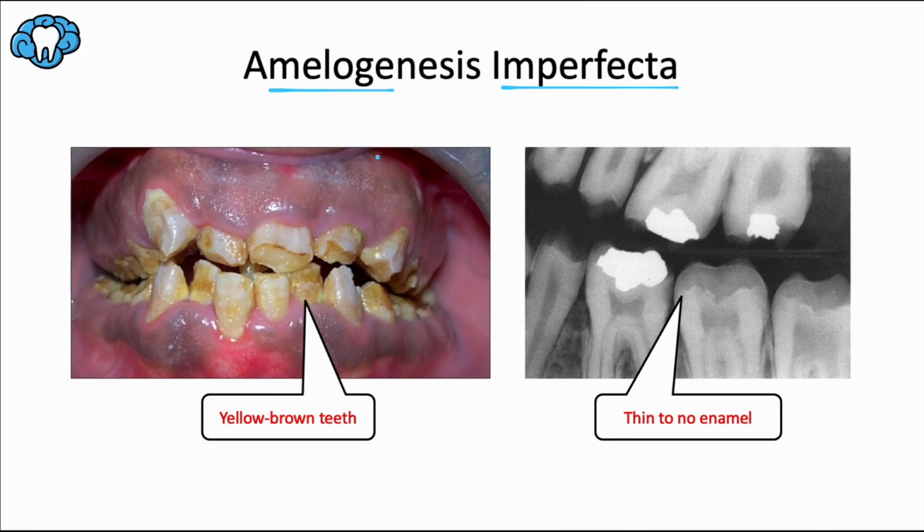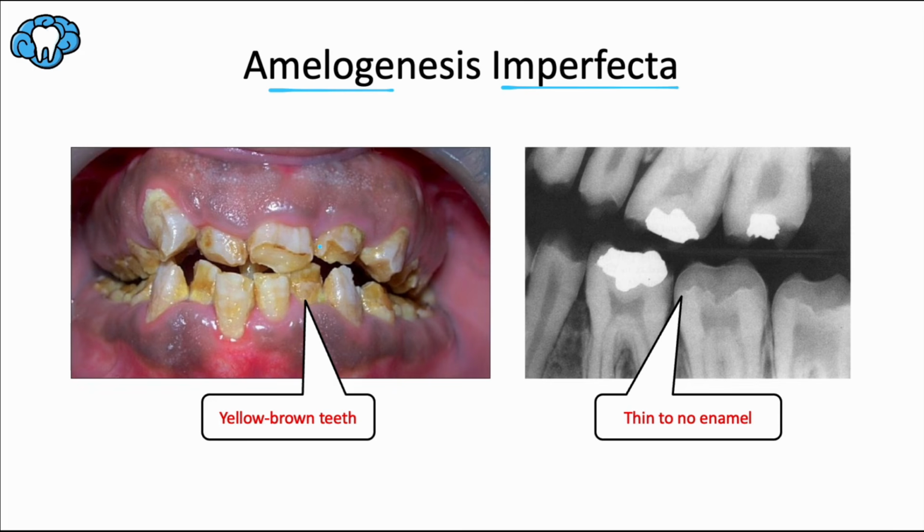The next three conditions that I talk about, by the way, amelogenesis imperfecta, dentinogenesis imperfecta, and dentin dysplasia, are all hereditary conditions that affect all of the teeth, primary and permanent teeth. And they're all inherited by an autosomal dominant pattern, although amelogenesis imperfecta can also be inherited less commonly by an autosomal recessive or X-linked pattern.